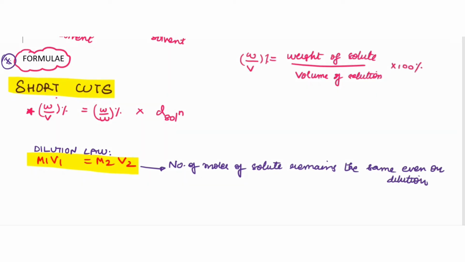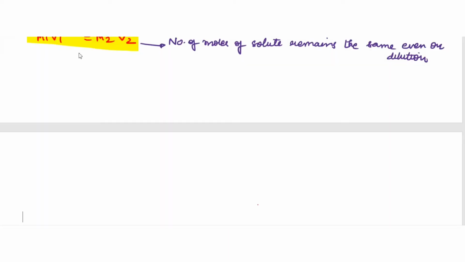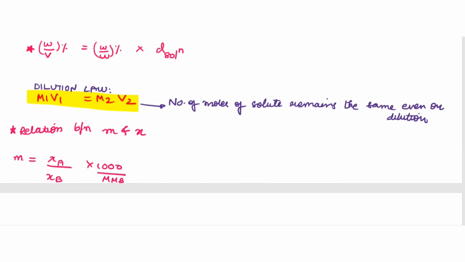Alright. Now let's look at the relation between molality and mole fraction, small m and x. So m is equal to xa by xb into 1000 by molecular mass of B, the solvent. Since I told you whenever molality is involved, the denominator is always of the solvent and not of the entire solution, you can remember that this is the molecular mass of the solvent and not of the solute or solution.